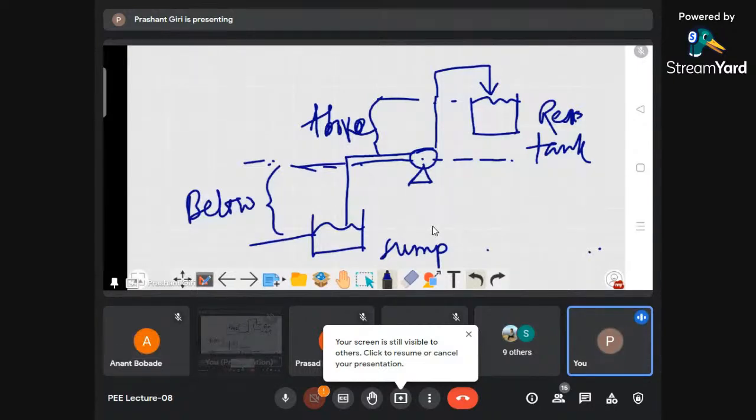Okay, so the location of the pump is in the middle. It is getting water from the sump and then delivering it to a higher height which is at a reservoir or any tank.